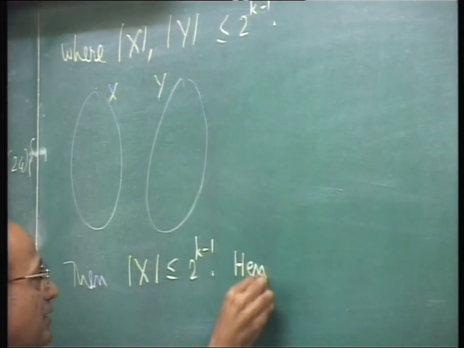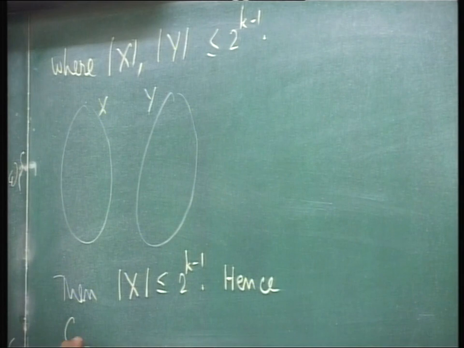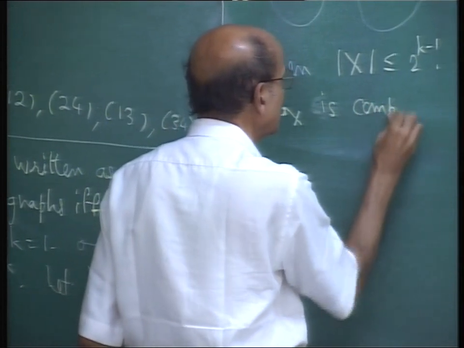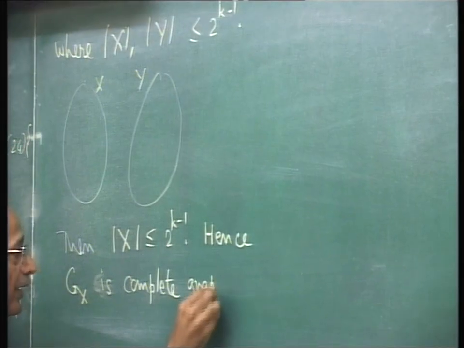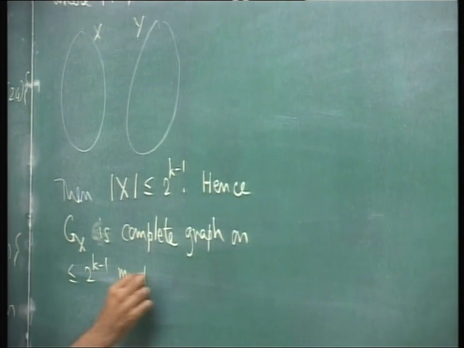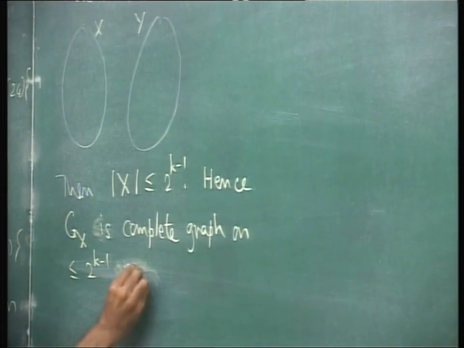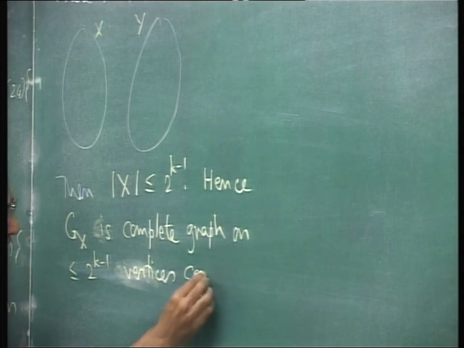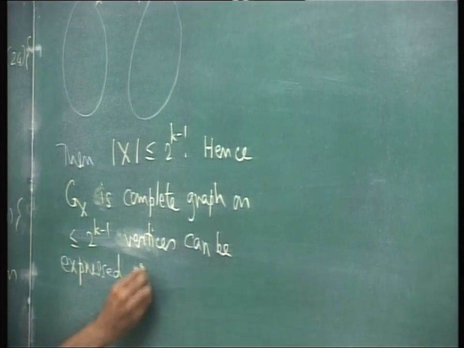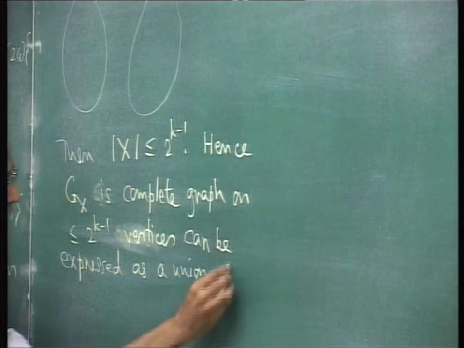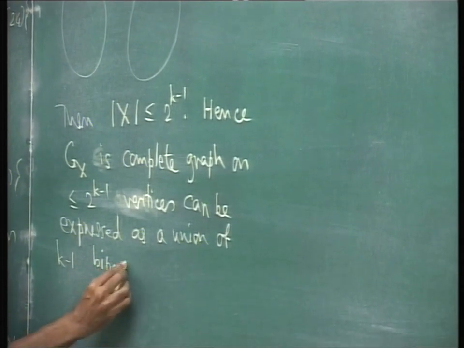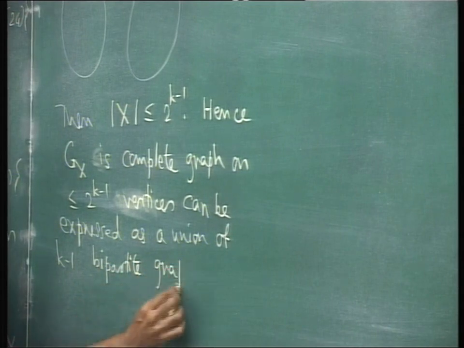Hence, G sub x, which is the complete graph on at most 2 power k minus 1 vertices, can be expressed as a union of k minus 1 bipartite graphs.